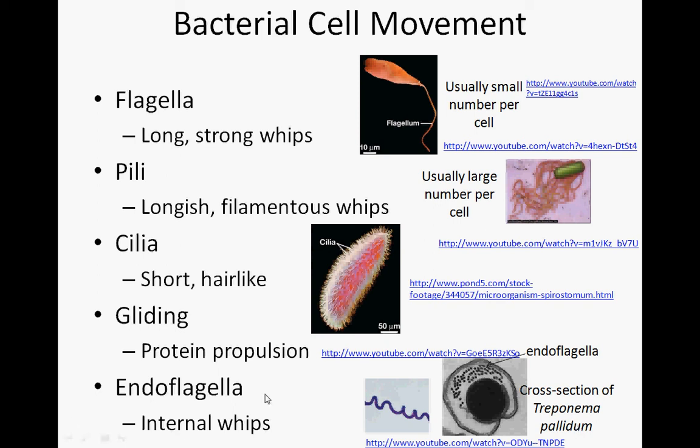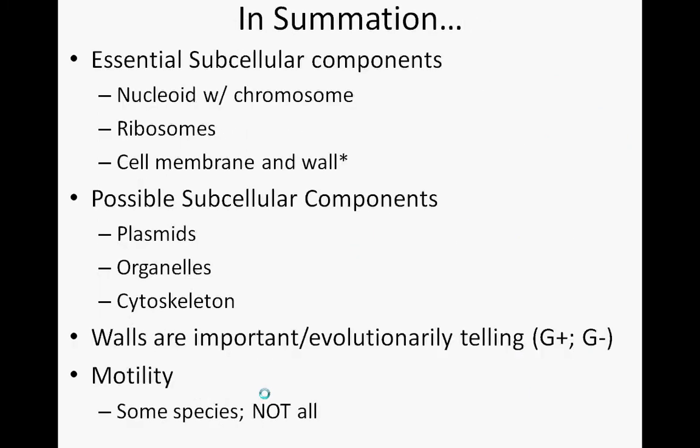I believe that is the last slide in this lecture, so... Oh no, I lied. I have the summary slide. What we want to take away from this for bacterial cells is that we have essential subcellular components that are present in every bacterial cell, and those are a circular supercoiled chromosome in a, quote, nucleoid, but again, I hate that word.